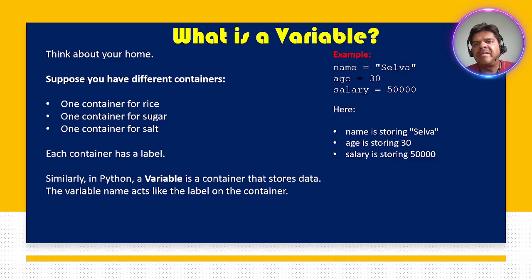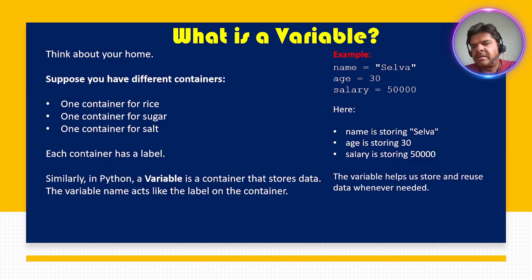Here name is called a variable. What is the variable name? Name. Age is a variable. Salary is a variable. What you are storing is called the value or data. So we use a variable for storing data, and we give it a meaningful name.